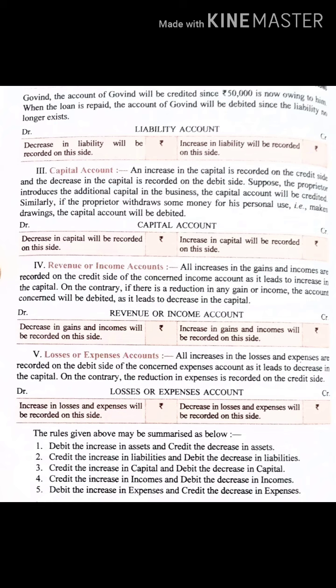Now you will say, ma'am, we are receiving in the business, but still we are crediting it. Why? Because capital is part of liability, internal liability. Sooner or later, this amount the business has to pay to the owner. Okay. And whenever the words has to pay come, that means it is a liability.